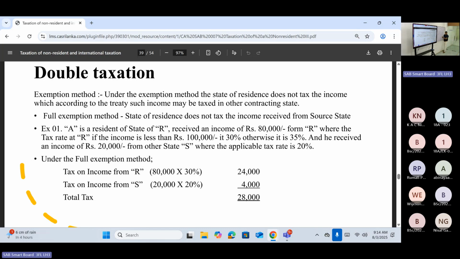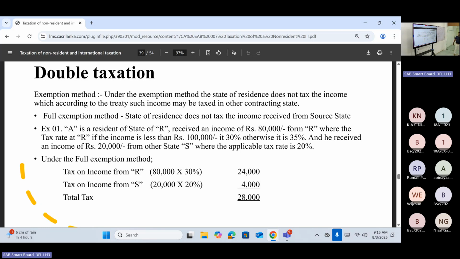Now he has to pay tax in the source country, where he shall be considered a non-resident person. He received income of 20,000. On that, at 20%, he has to pay 4,000, because this country's tax rate is 20%.